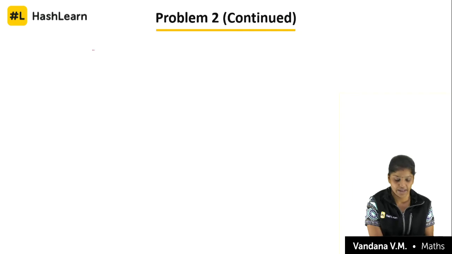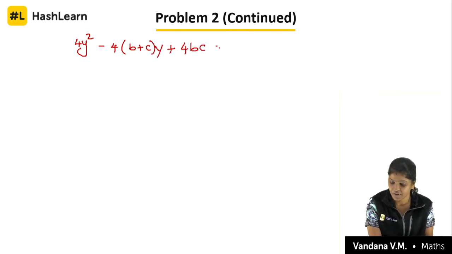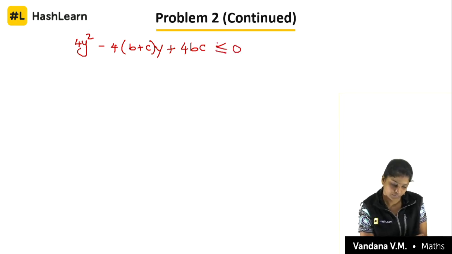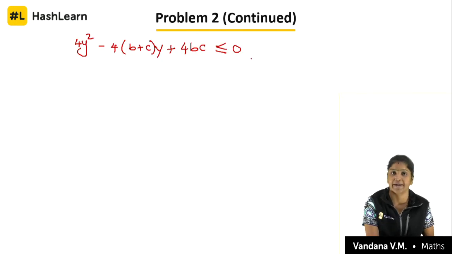So b square is 4y square minus 4 into (b plus c) into y plus 4bc, it should be less than or equal to 0, because it must be a complex root, right? Minus 2y. It is b square minus 4ac, yes, I multiplied it.